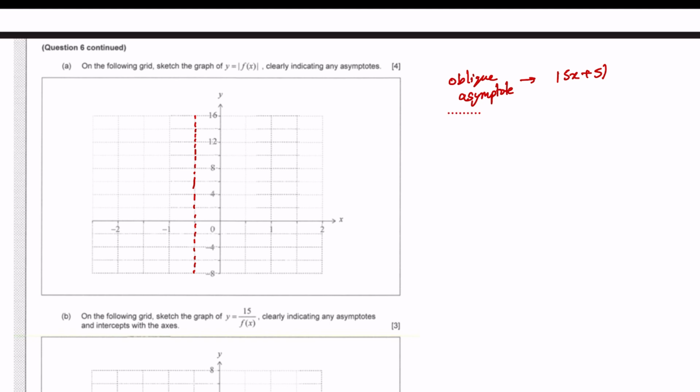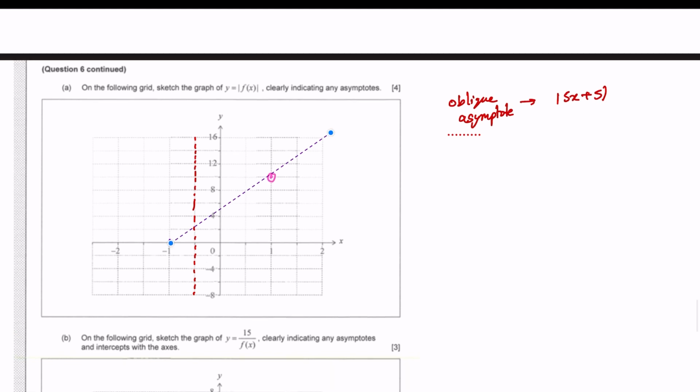Fine. That means at -1, there will be a change, right? To find this, when we place x equals 1, it's 10. So there is one point here. If I connect these two, this is the first part of the oblique asymptote.